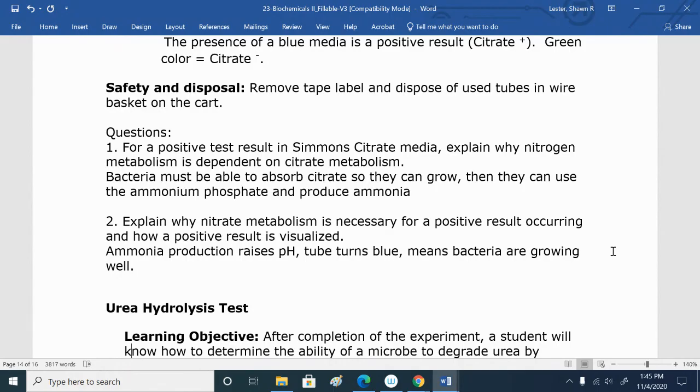And because they're now able to grow, they can use the ammonium phosphate and produce ammonia, which raises the pH and turns the agar blue. Any questions on that?